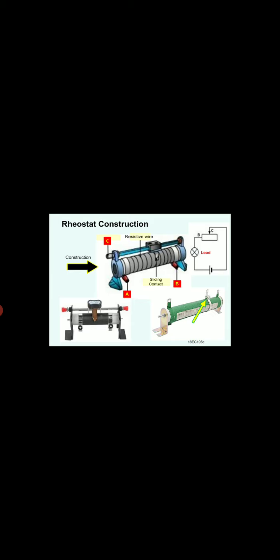It is not a flexible wiper, but it is movable, and you can tighten it with the nut. That means a fixed type of rheostat. So you can fix the wiper along the length at a required position.